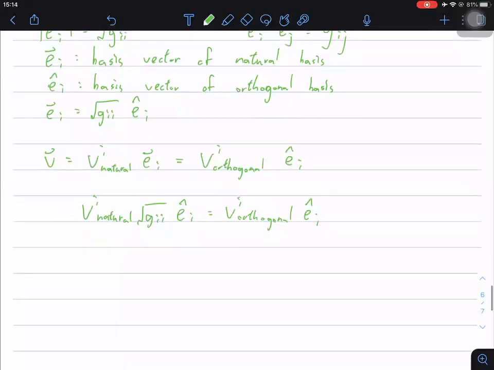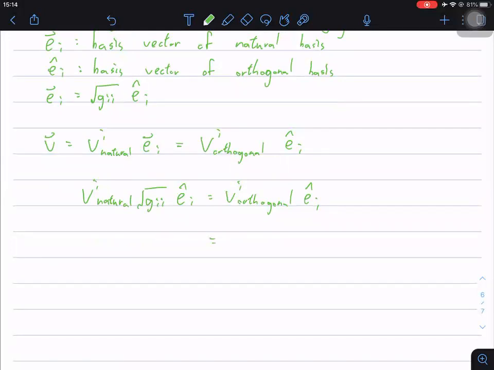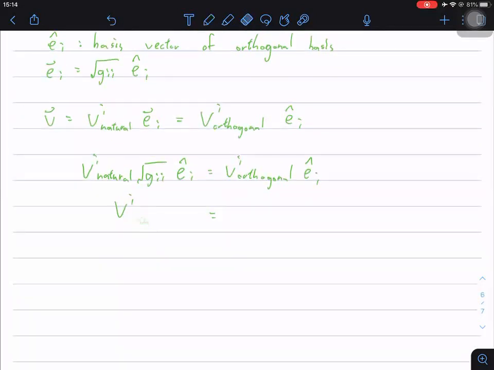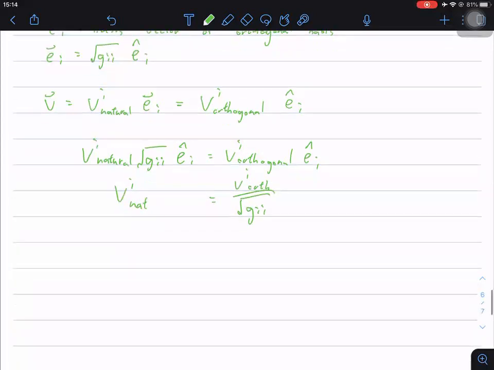Okay. So I'll write it this way. The vector component in the natural basis compared to the vector component in the orthogonal basis, we have these relations.